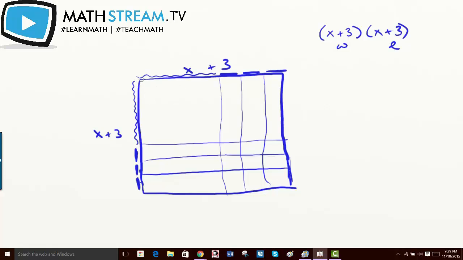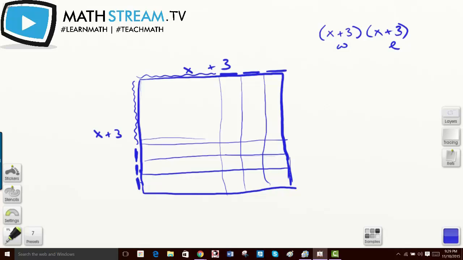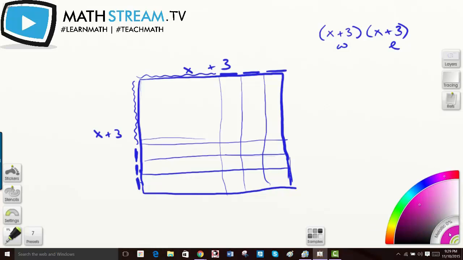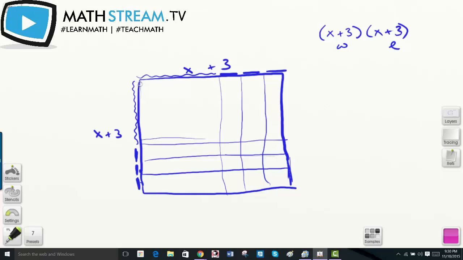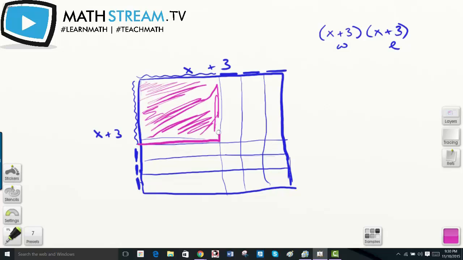This first square, actually, make sure that we see where it ends, has dimensions of x by x.